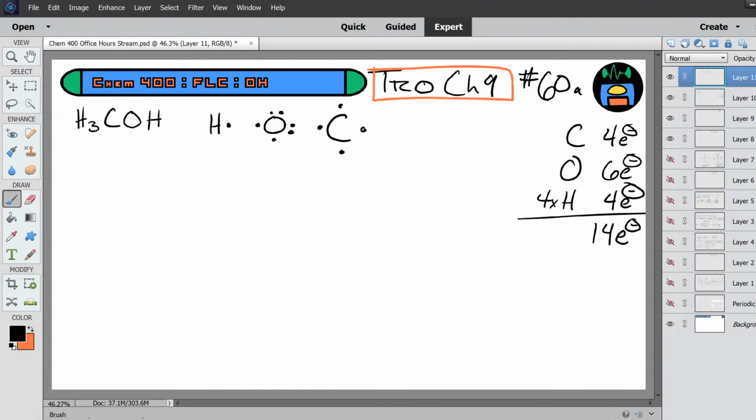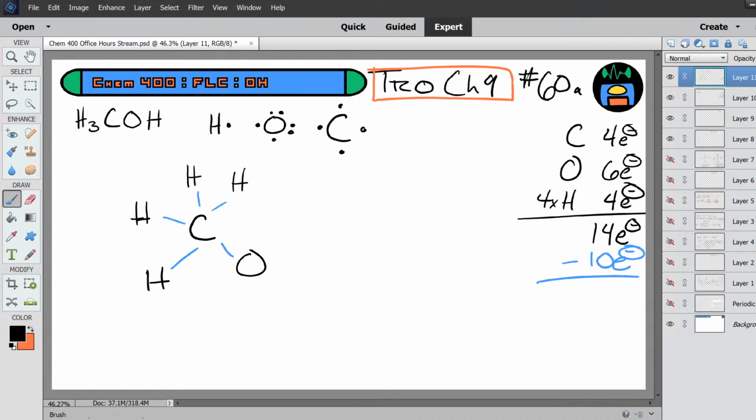Now, there's a trap here. The next step is attach all your other atoms to your central atom. If you try to do this with this molecule, we have 10 electrons. We have enough to go 2, 4, 6, 8, 10, right? Subtract 10. But there's a problem.